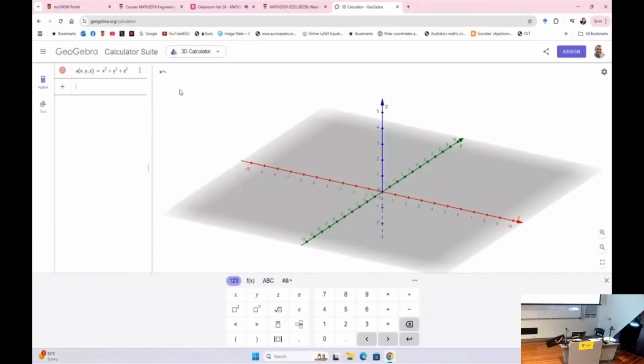So you might have seen the slider function. Let me see if it works. So let's say this was, I don't know, equal to 1. Okay, let me try again.